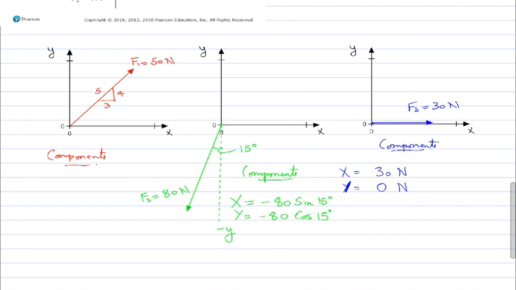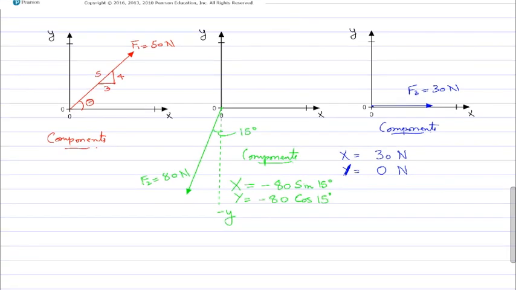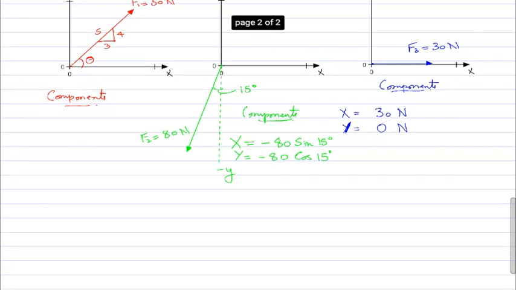So imagine if there was an angle theta here, the sine of theta would be nothing but the opposite side, which is 4, divided by 5. And similarly, the cosine of theta would be the adjacent side, 3, divided by 5, right? So basically, if they are giving you a triangle that gives the slope of a vector, you are basically given the values of the sine and the cosine.